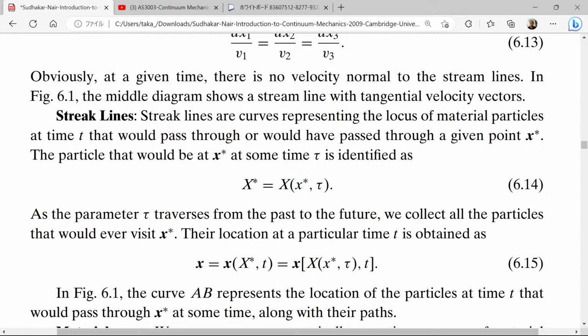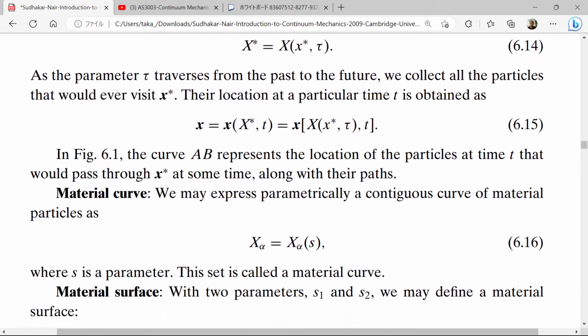The particle that will be at x star at time tau is identified as x star is x. Oh my god.